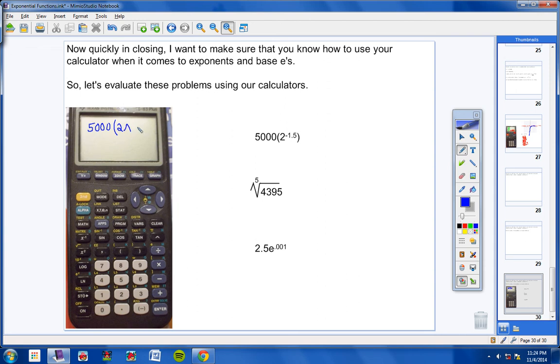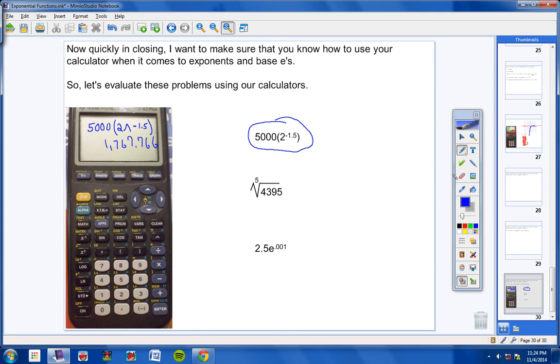And then type in negative 1.5. And then close your parentheses, okay? Do that. And then hit enter. And you should get this right here. So students, make sure you know how to type in expressions like this into your calculator and be able to get out numbers, okay? Very important.